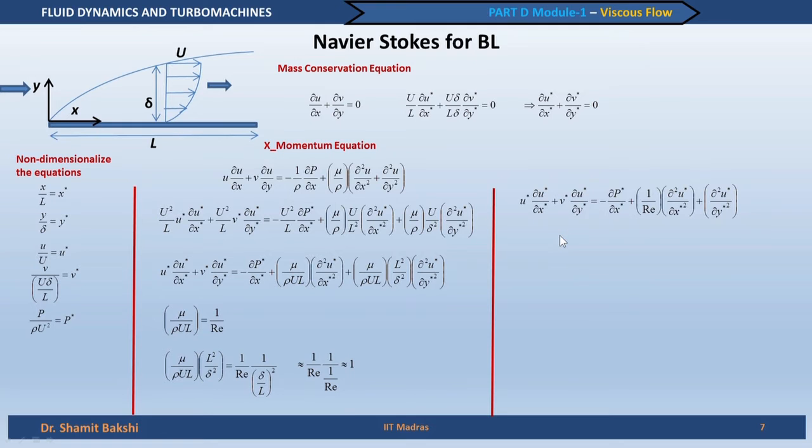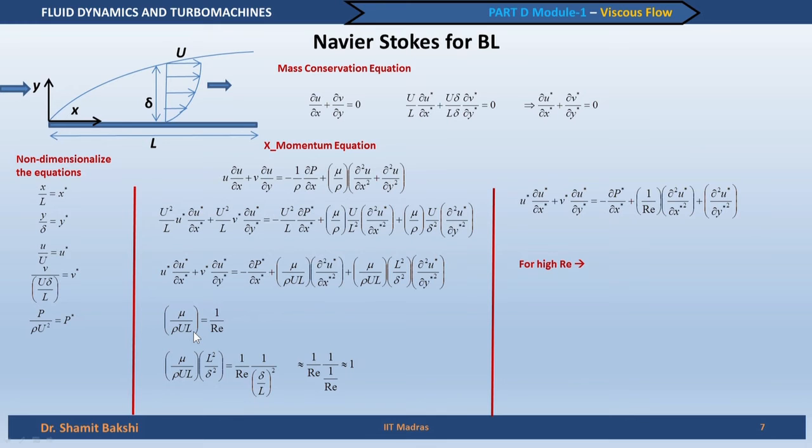Now let us see what it means for high Reynolds number. Generally the Reynolds number will be high. If you remember, the value of Reynolds number at which transition occurs is 3 into 10 to the power 5, that is very high. Even if you leave that situation, for a pure laminar flow we will be dealing with Reynolds number of the order of 100.